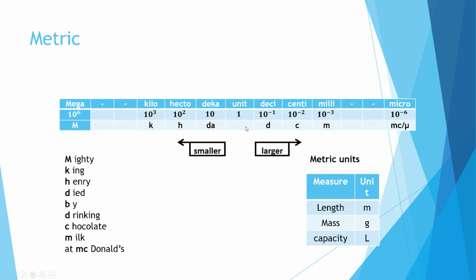So 1 liter would be 10 deciliters, 100 centiliters, and 1,000 milliliters. It makes it look larger as you shift it. And all you're doing with the metric system is just moving the decimal.